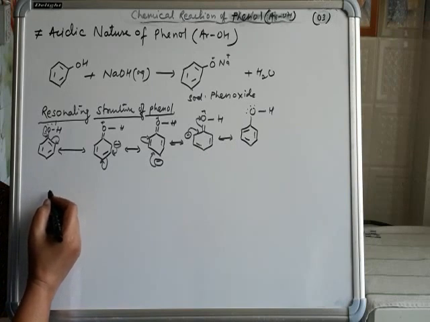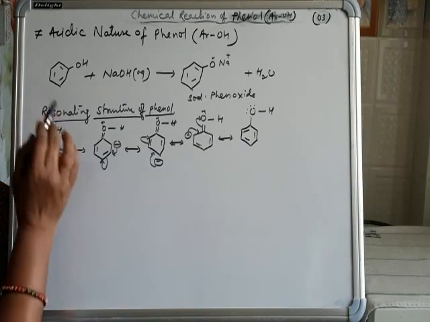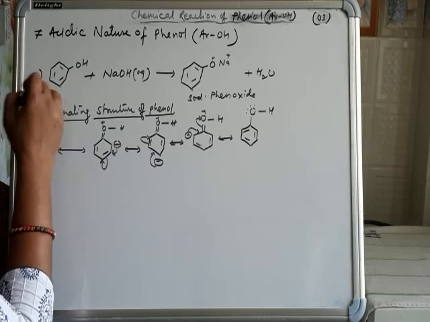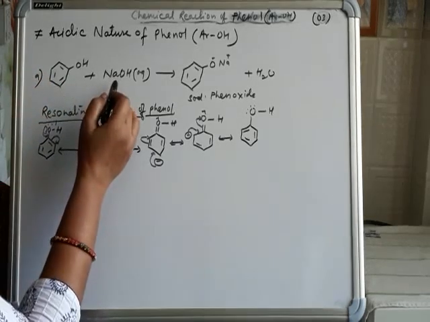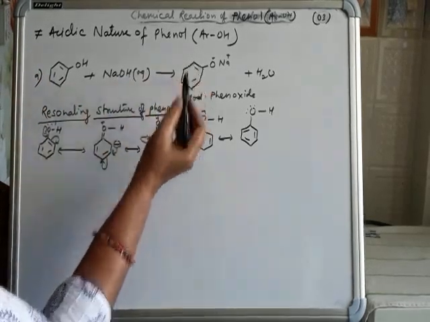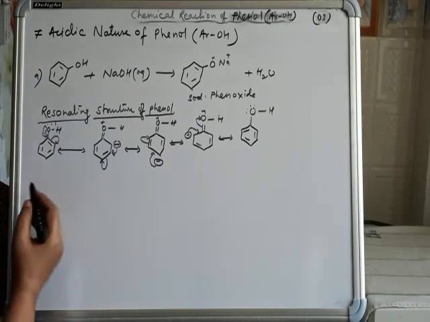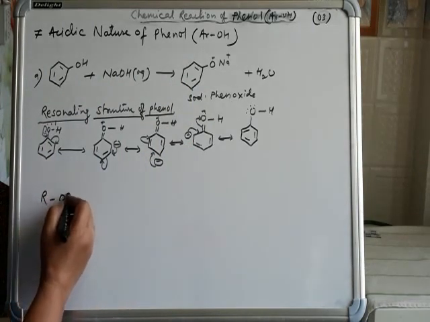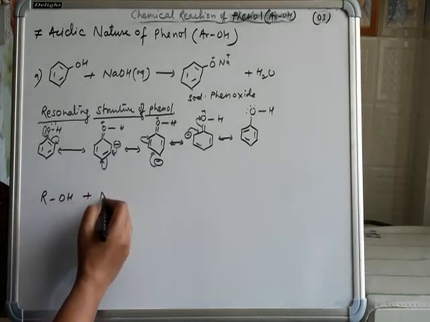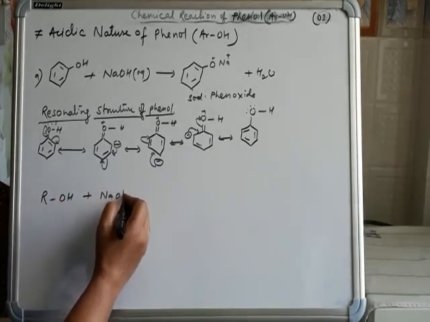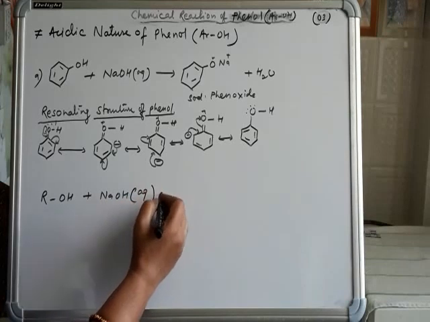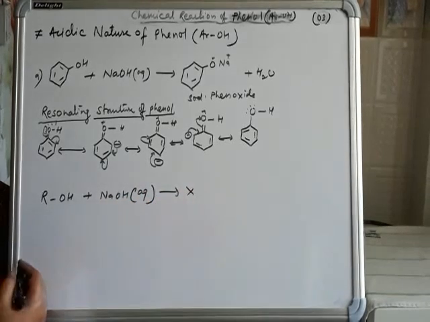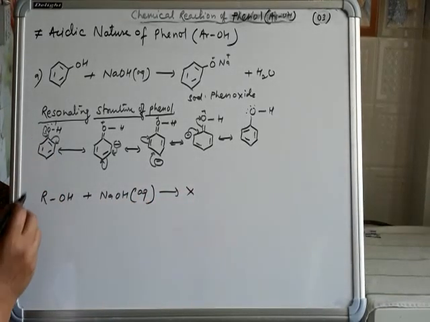At first we see here that phenol, when treated with aqueous NaOH, forms sodium phenoxide, whereas alcohol, when treated with aqueous NaOH, shows no reaction. This is the main difference between phenol and alcohol.